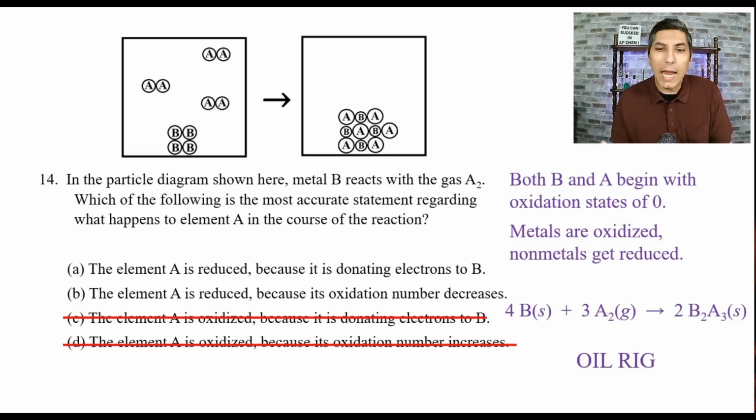So that means that A is gaining electrons since it's being reduced. So it's gaining. It's not losing or donating electrons. That's why the answer is choice B. The element A is reduced because its oxidation number decreases. It starts at 0 and then ends at some negative value as it becomes an anion.